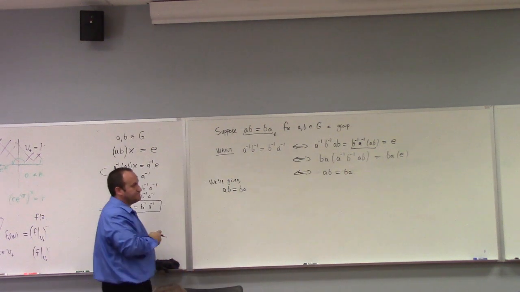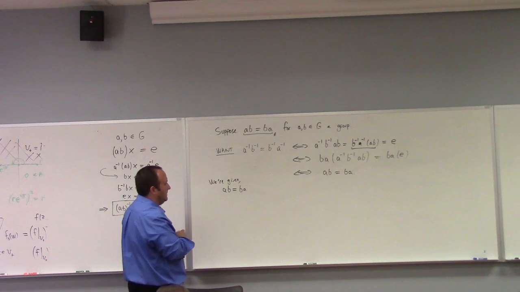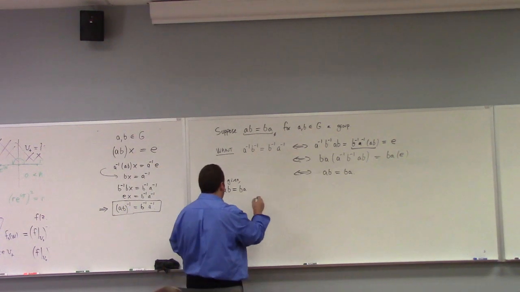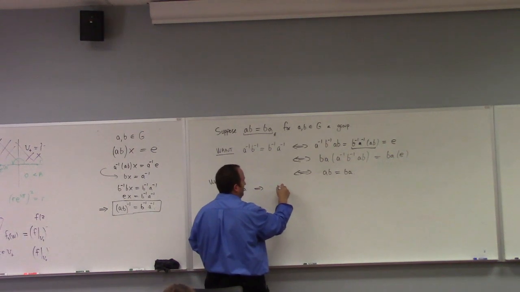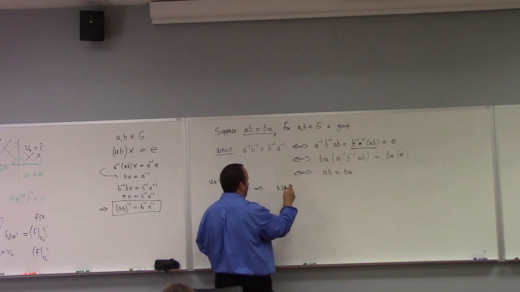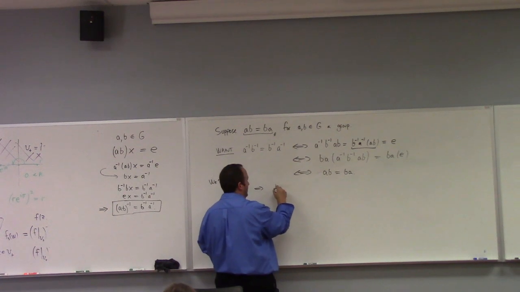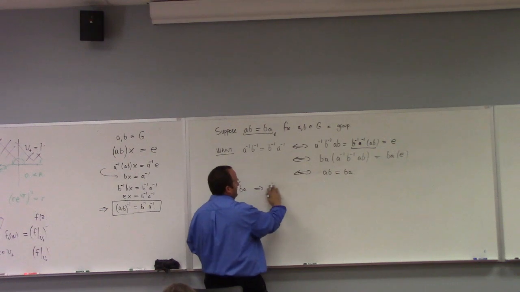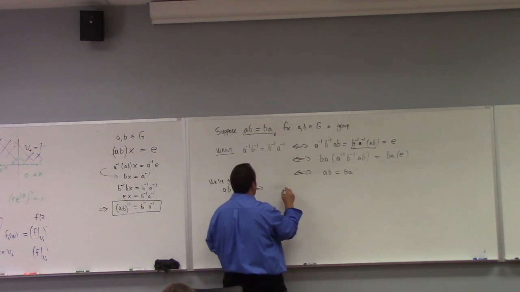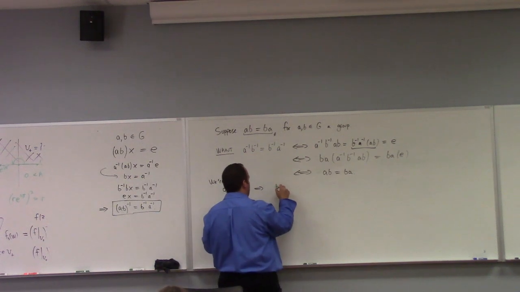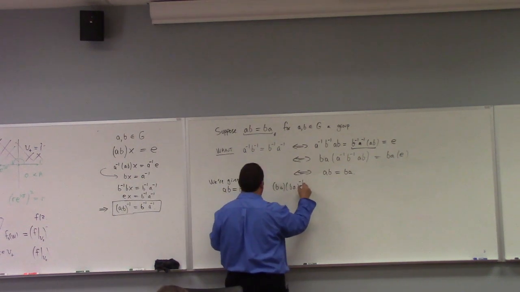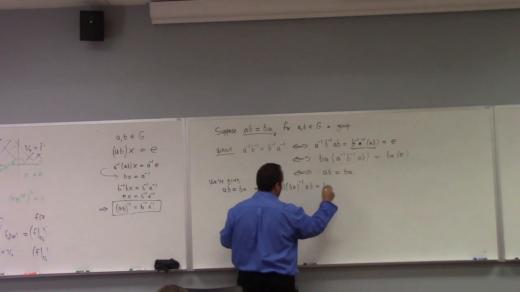And then you say, well, that implies that BA times BA inverse AB is equal to BA.